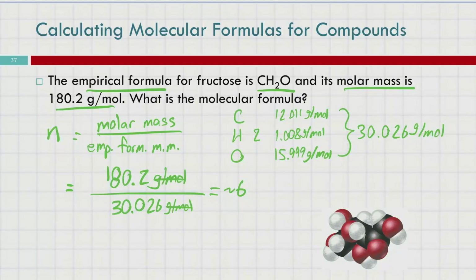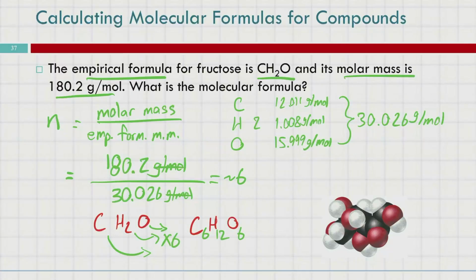So we're going to take this 6 and our empirical formula, CH2O, and multiply all of those by 6. So we get C6H12O6. Questions?